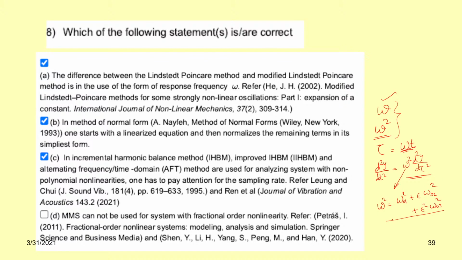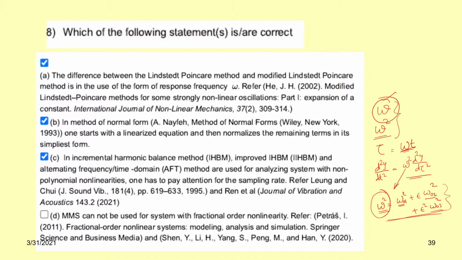This way you go on expanding this term of omega square, where omega 0 is the only known term, that is the coefficient of your y, and the other terms have to be found from a condition similar to that of the secular terms. So the Lindstedt-Poincare and modified Lindstedt-Poincare methods are similar, but here you are expanding omega square, and in the Lindstedt-Poincare method you are expanding omega. So that's why this option is correct.